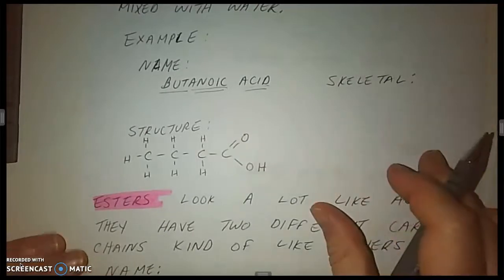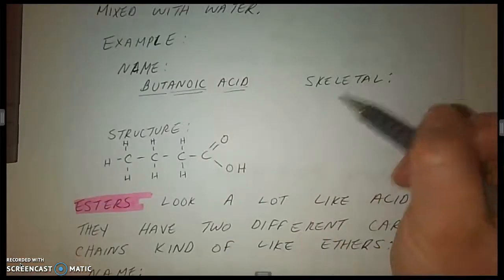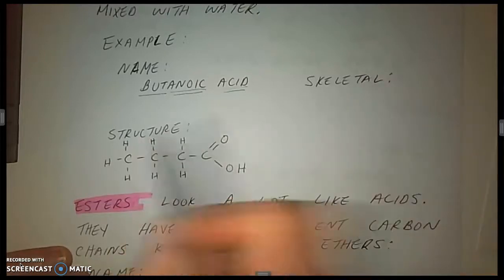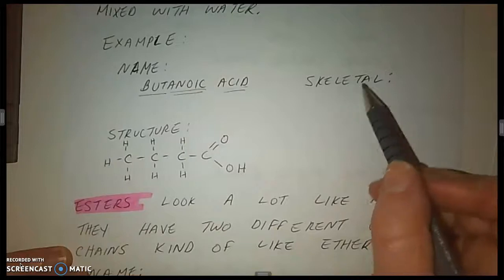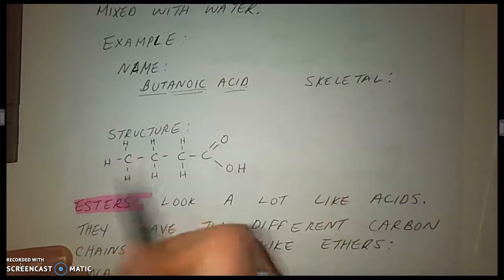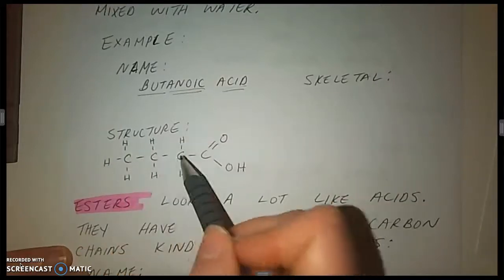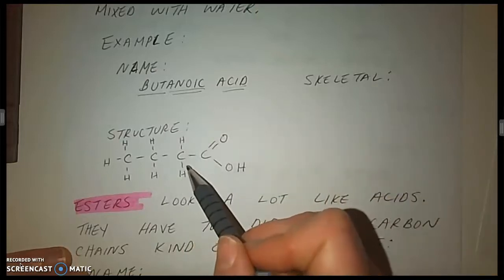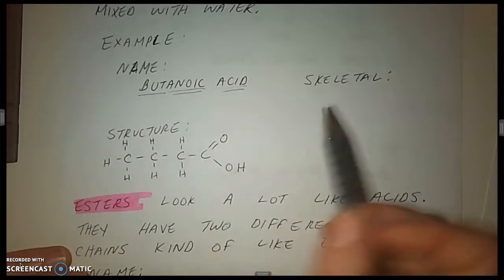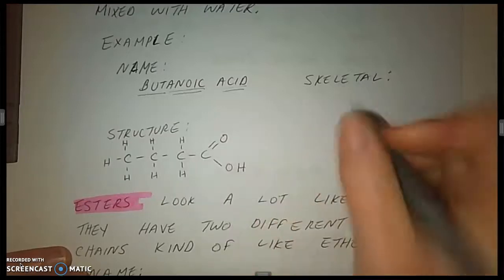If I wanted to make a skeletal diagram of this, and remember when you're answering your practice questions, you can switch between structural versus skeletal diagrams, or you can only do skeletal, or you can only do structural. They're just two options, two ways of representing molecules. There's no situation where you have to use one or the other.